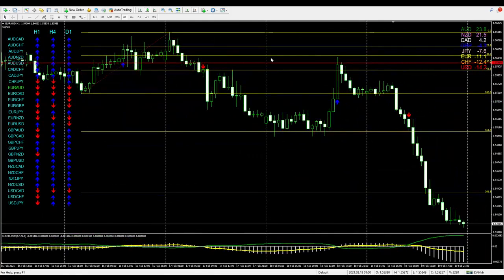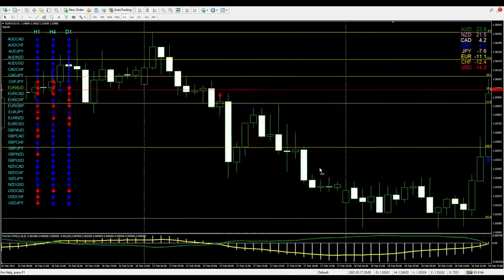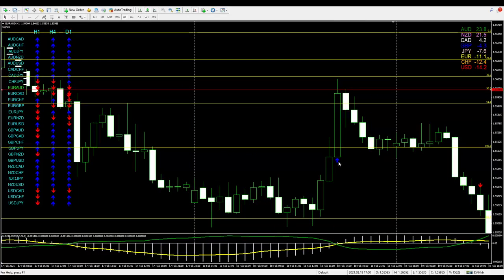Okay, this is a little bit tricky, because as you can see, we have the sell signal here, but our sell signal was hit at 50 Fibonacci when a buy signal came out. As I said, this is a bit tricky. As you can see, there is a buy signal here already. But if you watch our fifth webinar, our exit would always be based on H4, not on H1.